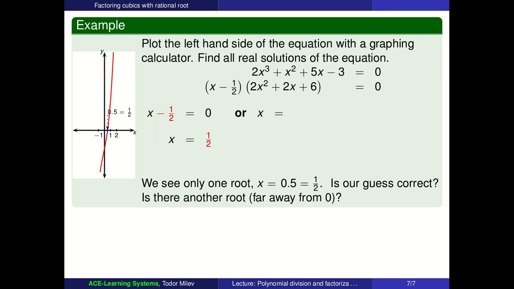Next, in order to solve the equation 2x squared plus 2x plus 6 equal to 0, that's our other option.